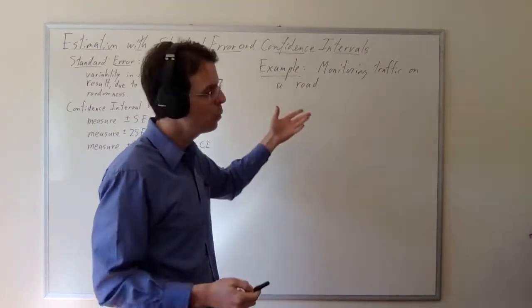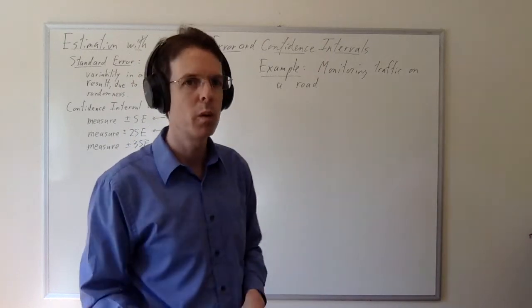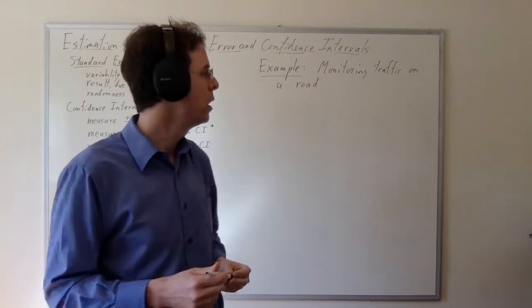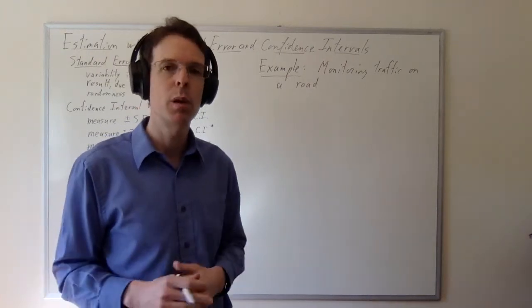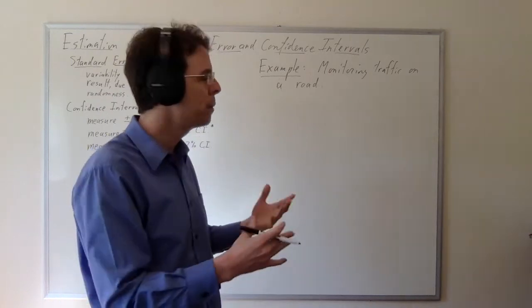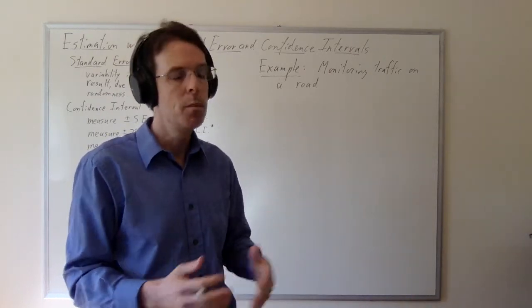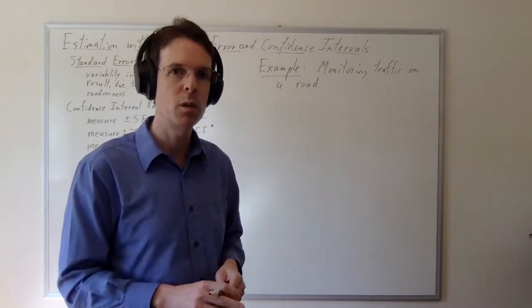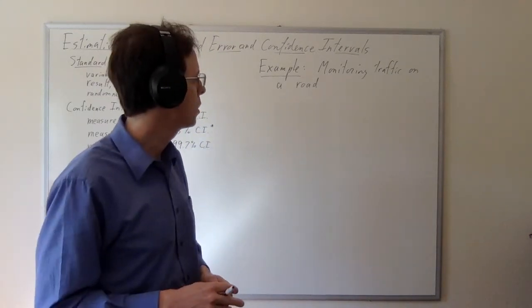So if we're making policy that affects the road, then we might want to know how people are actually driving along the road. And we might want to know the average speed at which people drive on the road. Maybe it's a small road and we want to make sure people aren't driving too fast, or maybe it's a highway and we need to make sure that the traffic is continuing to move. So we might monitor traffic on a road.